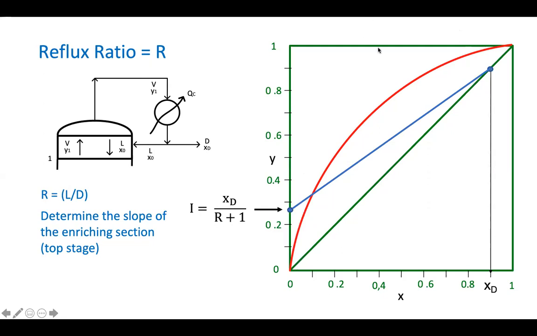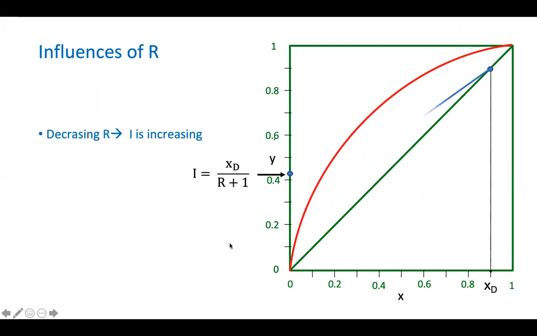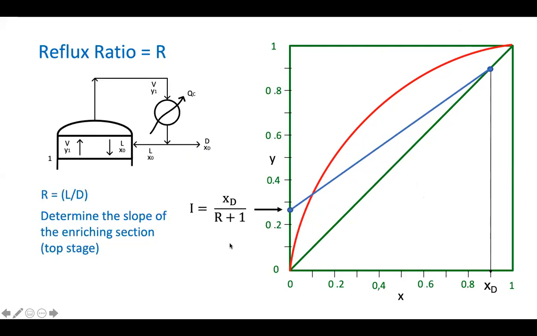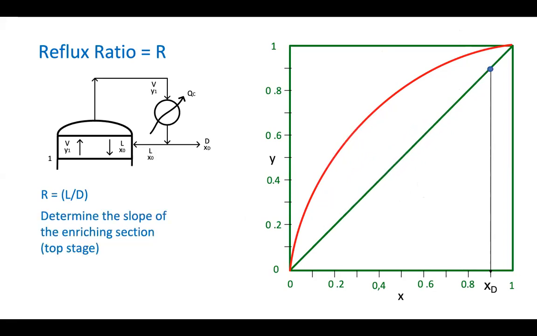After the stripping section, we also check the condition of the feed, draw the intersection, and then we can determine the equilibrium stages for distillation.